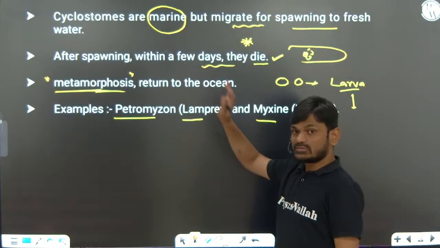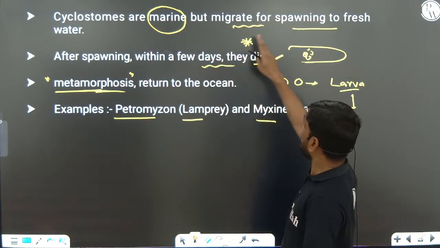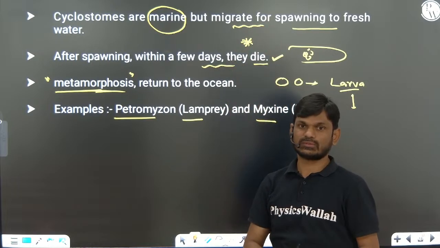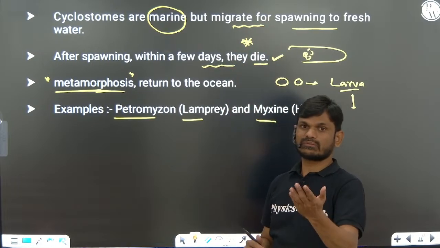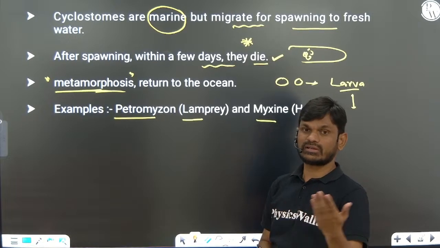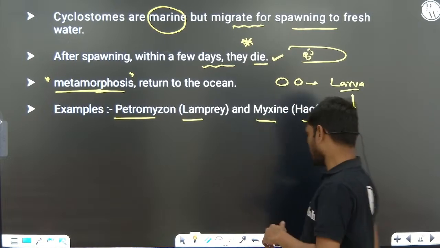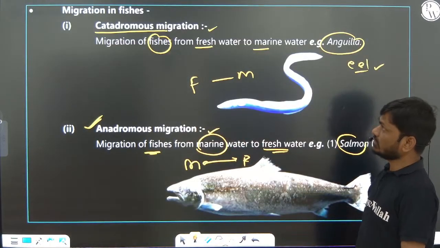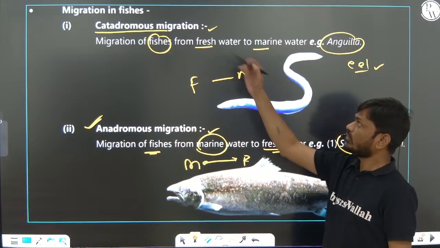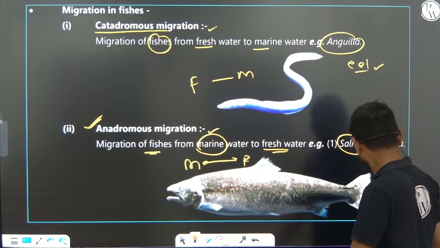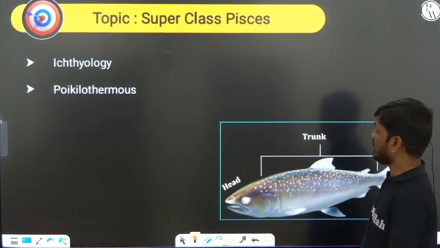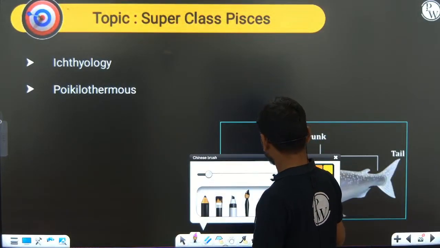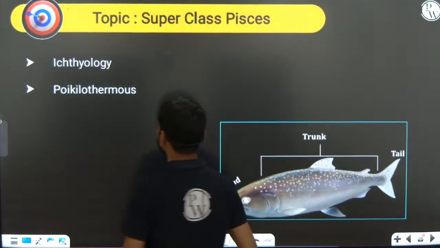NCERT clearly mentions that they migrate from marine water to fresh water for spawning. They may ask what kind of migration that is, so you should be able to answer: anadromous migration, and the opposite is catadromous migration.